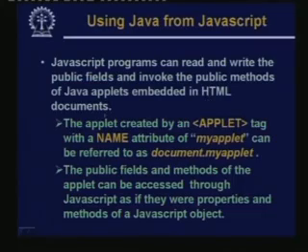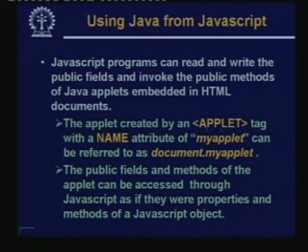Here, in this context, we say that only the properties and methods of a Java object which are public in nature can be accessed. This is quite natural.